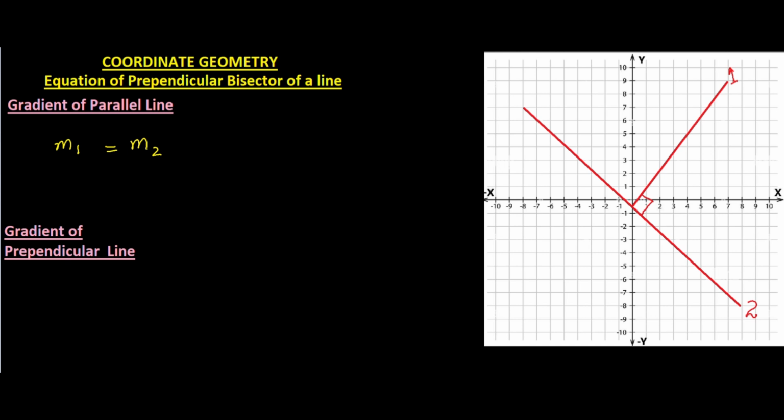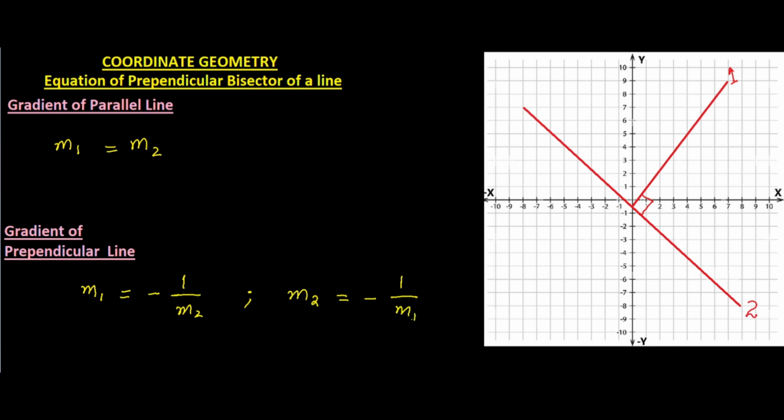So in the case of perpendicular lines, the gradients of these two lines are not equal. But the gradient of line 1 will be equal to the negative reciprocal of the gradient of line 2. On the other hand, you can also say that the gradient of line 2, m2, will be equal to the negative reciprocal of the gradient of line 1.